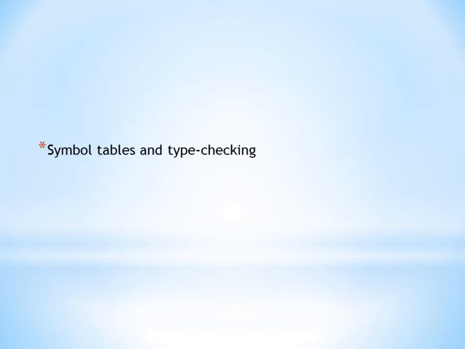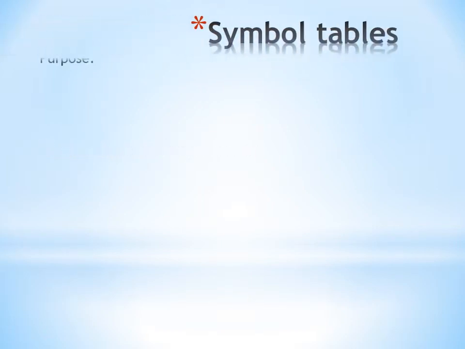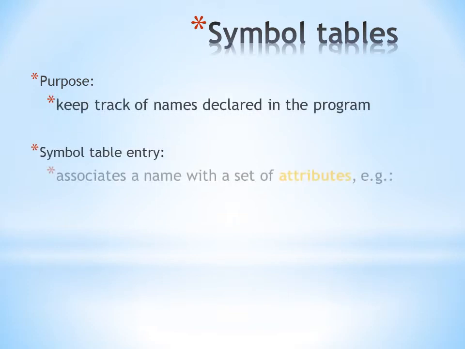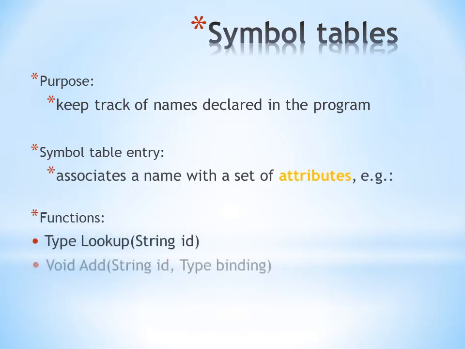Next, let us see about symbol tables and type checking. The purpose of symbol tables is to keep track of names declared in the program. A symbol table entry associates a name with a set of attributes.